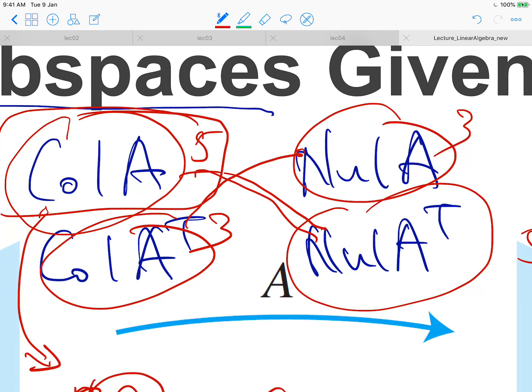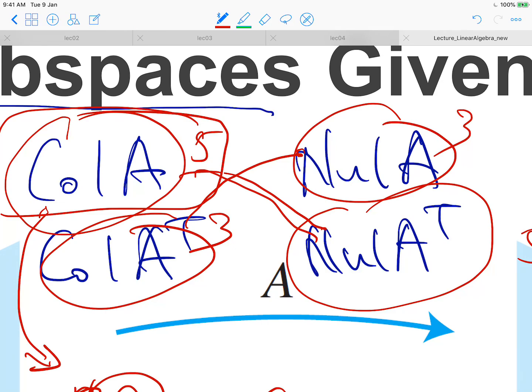For example, the basis of the column space of A may not be orthogonal, so it is not a very clean basis. Once we compute the SVD, it gives you a really clean basis set for each of these 4 different subspaces.